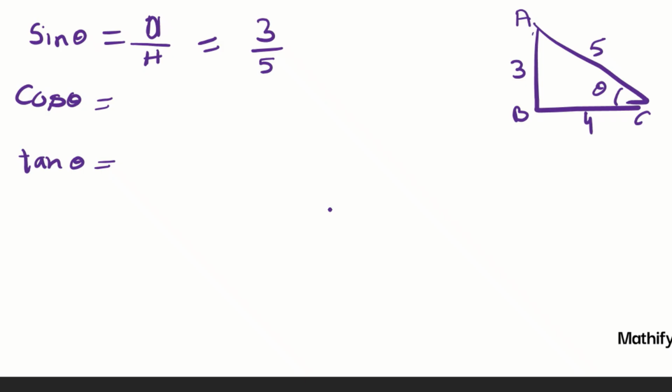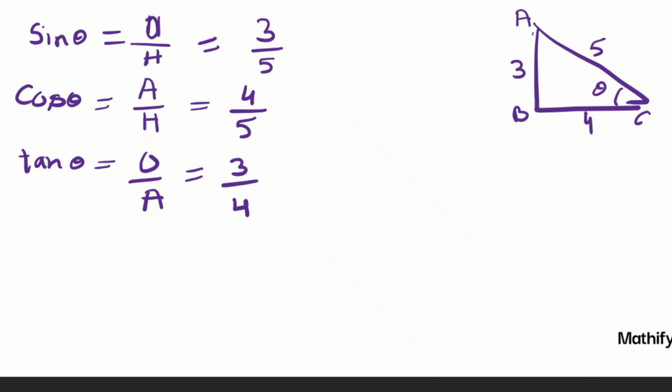Cos theta is adjacent to hypotenuse. What is adjacent here? 4. Side BC is adjacent, na? And hypotenuse is AC, 5. Tan theta is opposite upon adjacent. Taking oats away, O over A. Oats means opposite, which is AB, 3, over adjacent, 4.